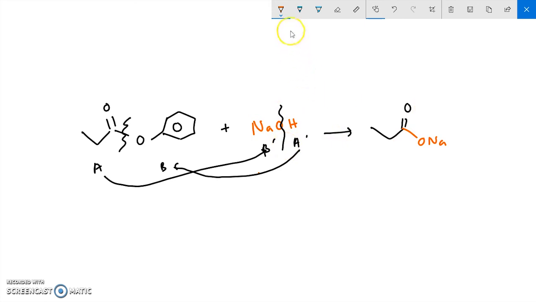And the side product is H from the A prime, which connects to the oxygen followed by the benzene ring. If you think that the end product is a phenol, you are correct, because it is a benzene attached to the O and finally attached to the H. This is the side product of the reaction.